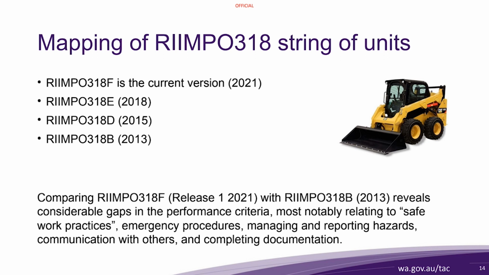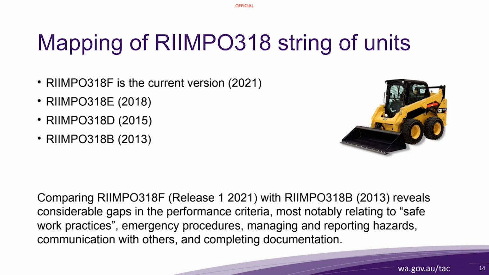So in 2013, this unit of competency was written to reflect the requirements of industry in 2013. Not quite a decade later, but, well, in fact, it is now a decade later, but in 2021, the unit of competency had gone through 3 different revisions. And so the F version reflects industry's requirements in 2021. The significant question is, have things changed between 2013 and 2021 in terms of what industry expects of a person who has achieved this unit of competency?